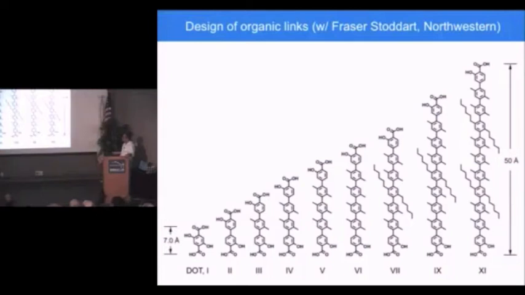And so this is the original link for MOF-74, and we collaborated with Fraser Stoddart to make these links, adding incrementally 1 phenylene unit or more as you go along. And sometimes, to enhance the solubility of these links to ultimately make the MOF in crystalline form, we needed to functionalize them with organic units to enhance their solubility by breaking the pi-pi interaction in the solid.